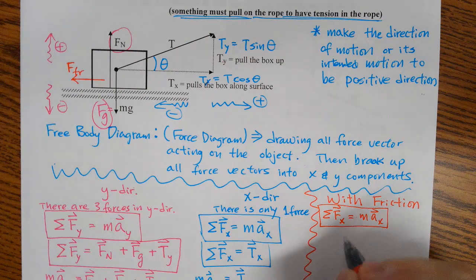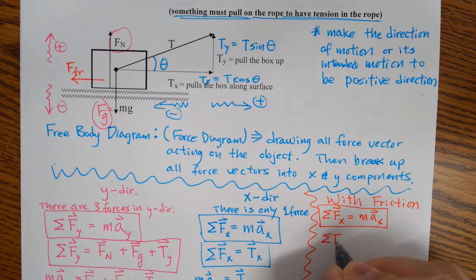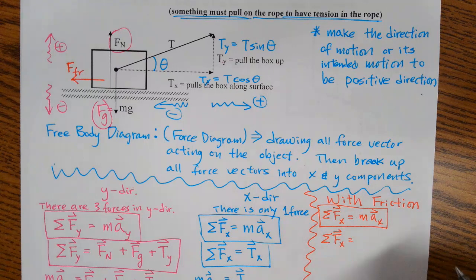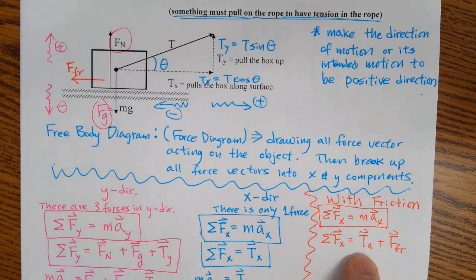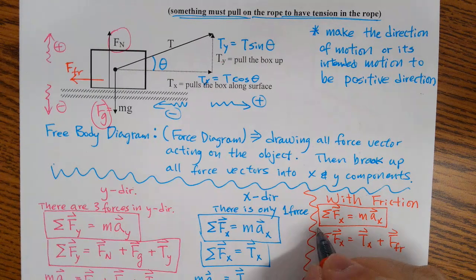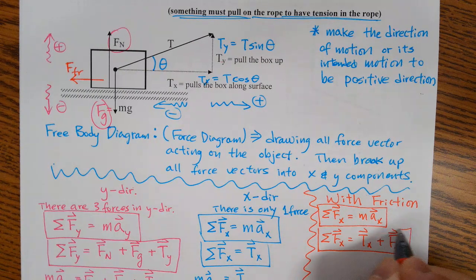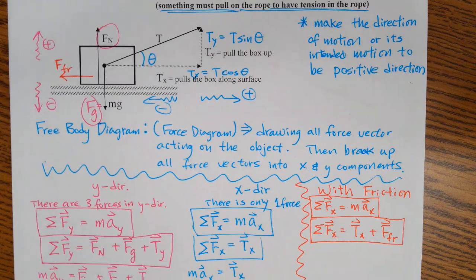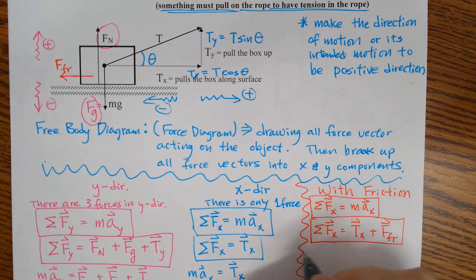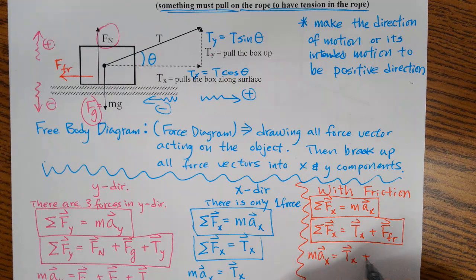This time we have two forces in the x direction. Sum of all forces in the x is equal to Tx plus friction. I have two force vectors. I have to add those two vectors, right? So here, max is equal to Tx plus friction.